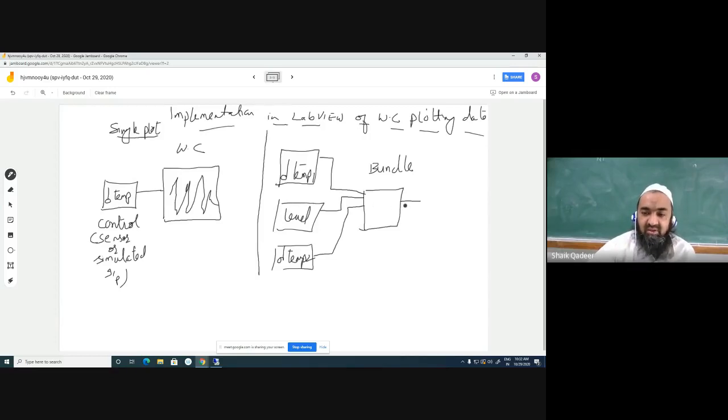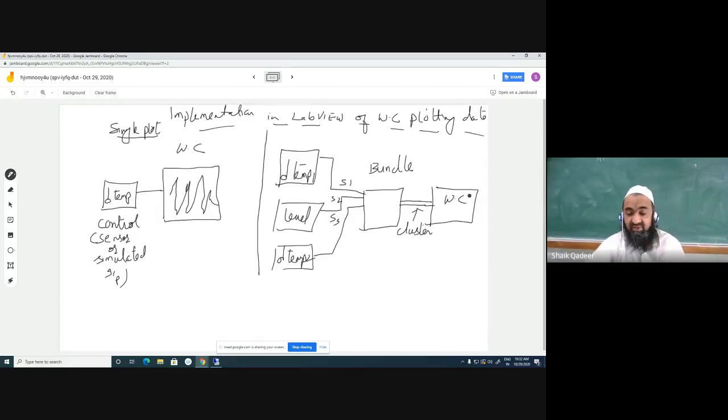What the bundle does is, it converts single inputs S1, S2, S3 to a single input. So it becomes many inputs. It converts this into a cluster, and that we can apply to waveform chart.